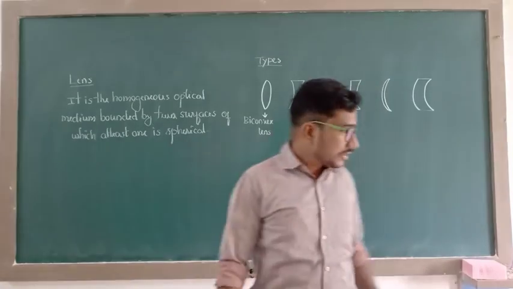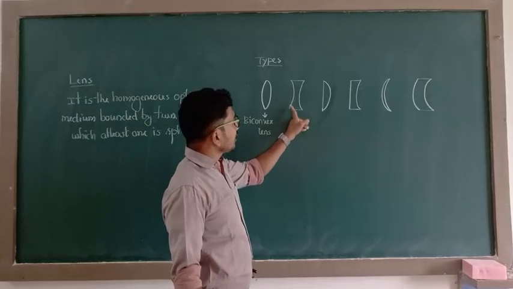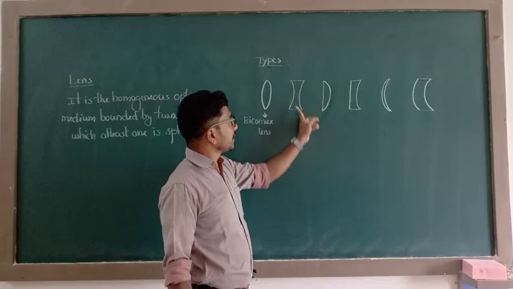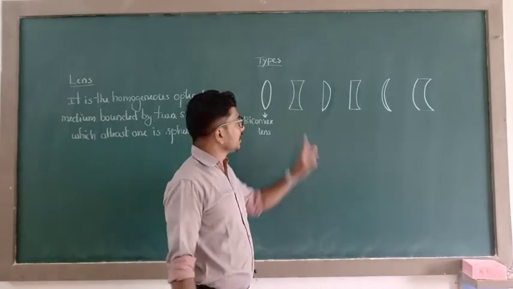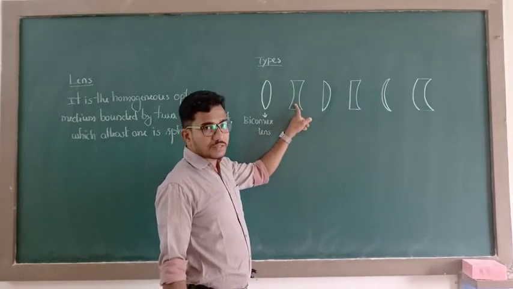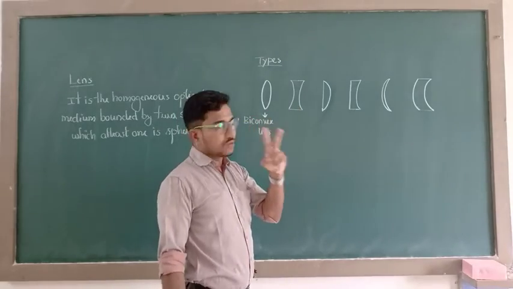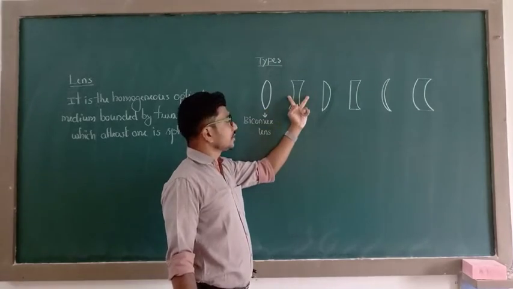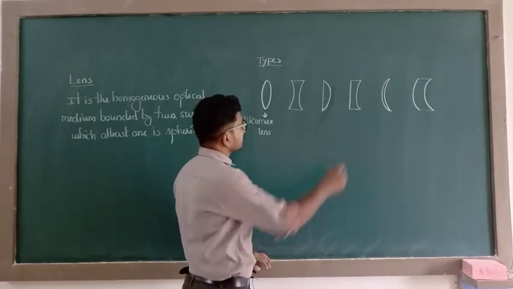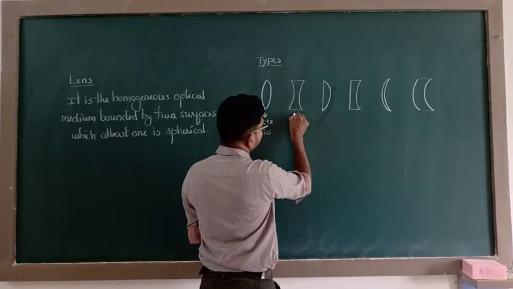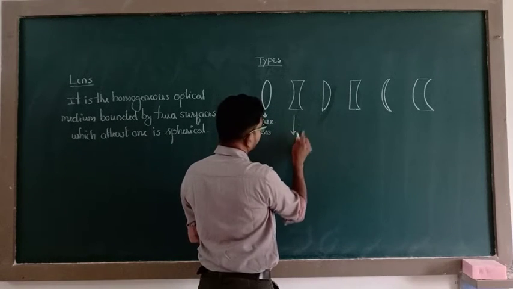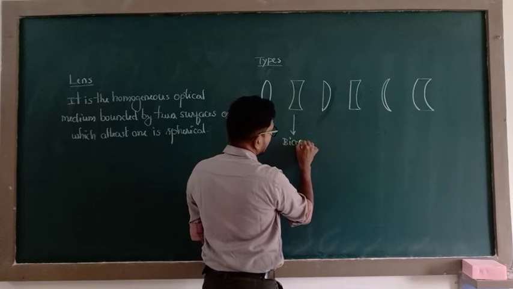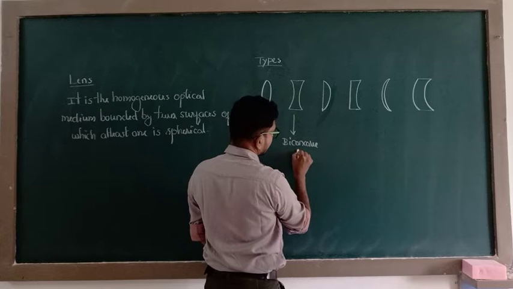And similarly, in this combination, concave shape of two spherical surfaces towards a rarer medium, and hence name of this combination is bi, means two, concave lens, biconcave lens.